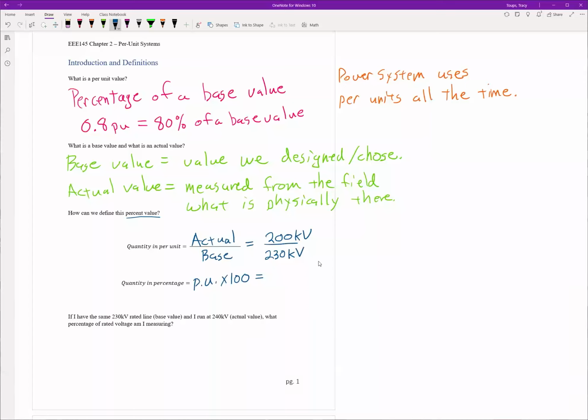Well, if you take your calculator and 200 divided by 230, right, it's going to be 87%. So we could write 0.87 per unit, or we could multiply by 100 to then get 87%, right? So decimal and the percentage is just off by 2 decimal places, okay? And this is 87% of rated value.